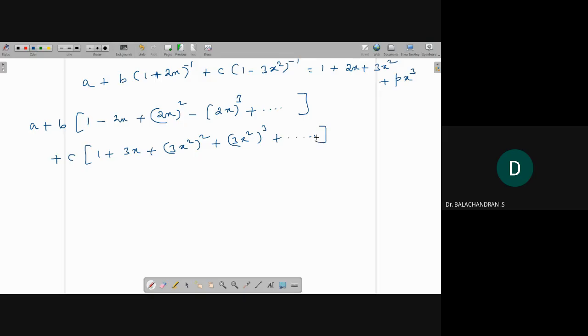So this is equal to 1 plus 2x plus 3x square plus px cube.